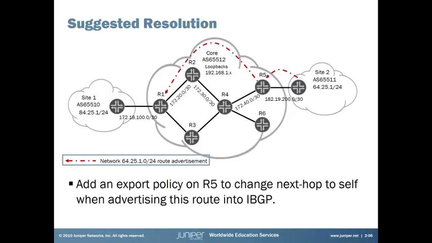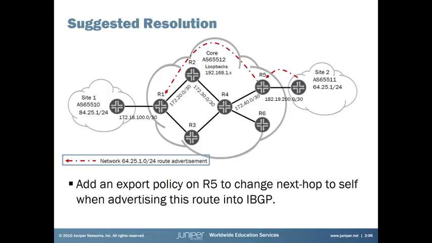So R5 has a direct route to that next hop address. The issue, though, is that once that route is re-advertised over to R1, R1 does not have any information as to how to reach 182.19.200.2.